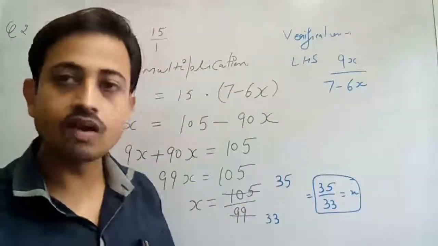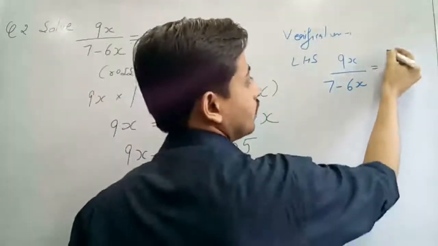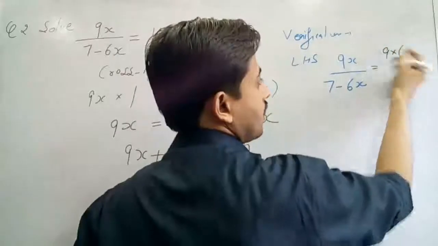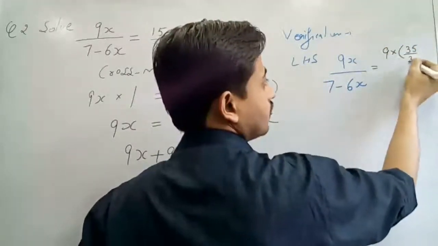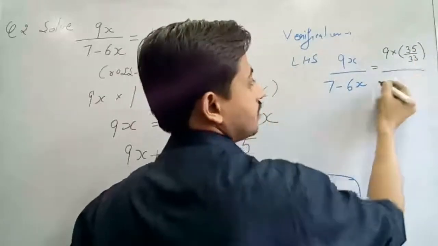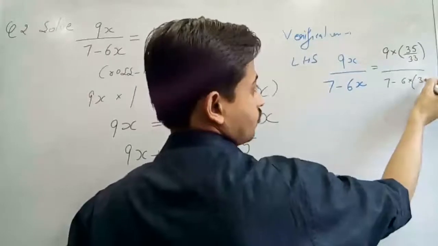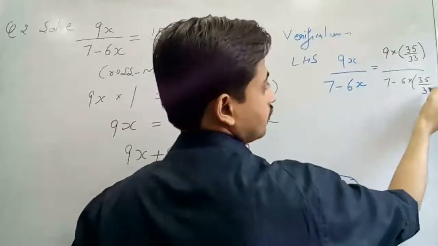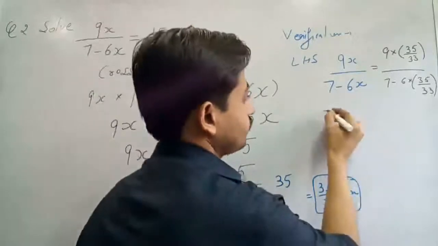We have to put the value of x, 35 by 33. Put it here. 9 into x, what's the value of x? 35 divided by 33. Same here, 7 minus 6 multiplied by 35 divided by 33. Now please solve this.